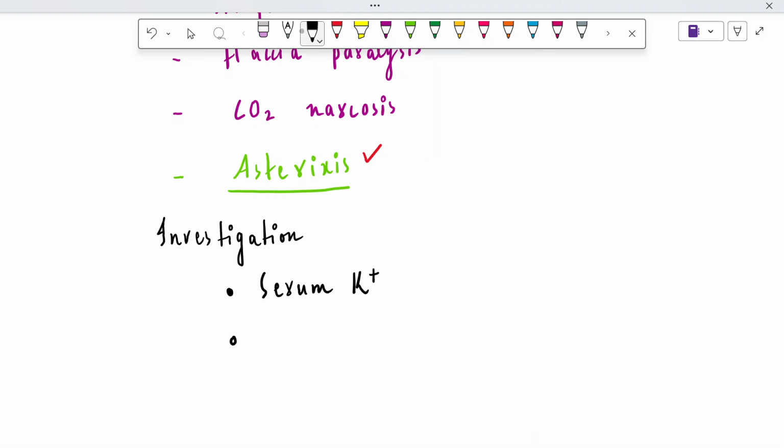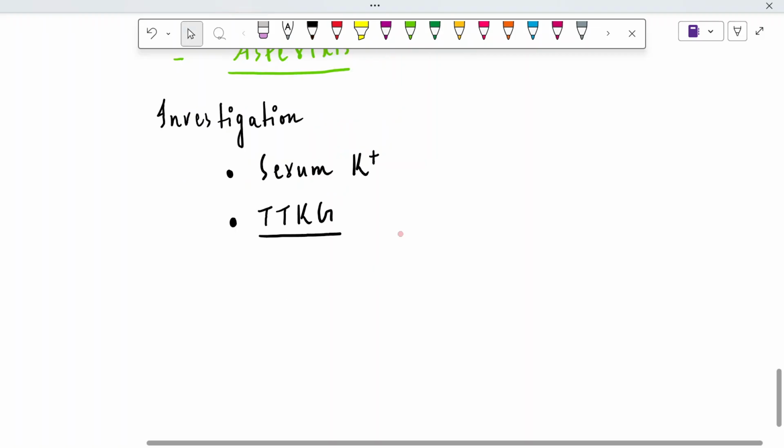The second is a very important test known as the transtubular potassium gradient. I will not write the whole term. And what exactly does it mean? Transtubular potassium gradient is a test used to estimate the amount of potassium excreted or reabsorbed by the renal tubules.